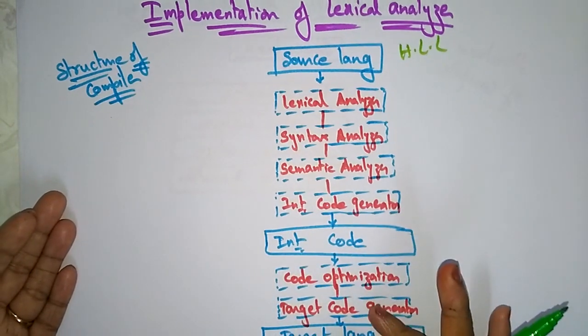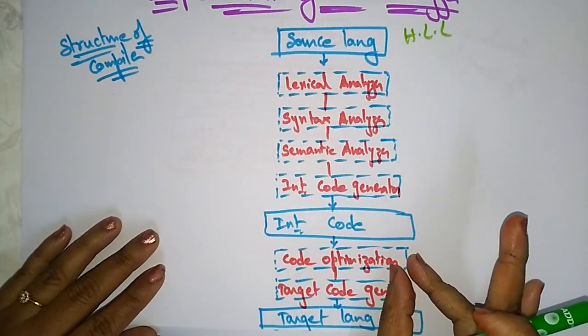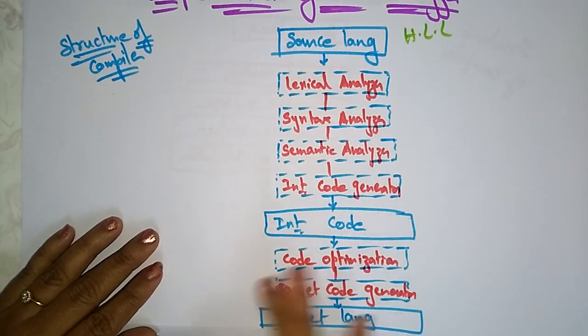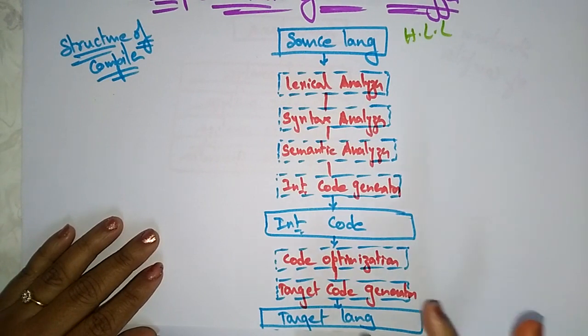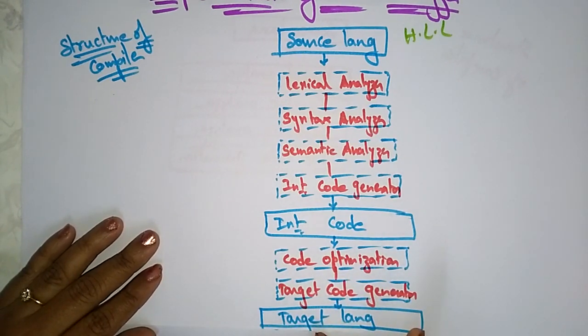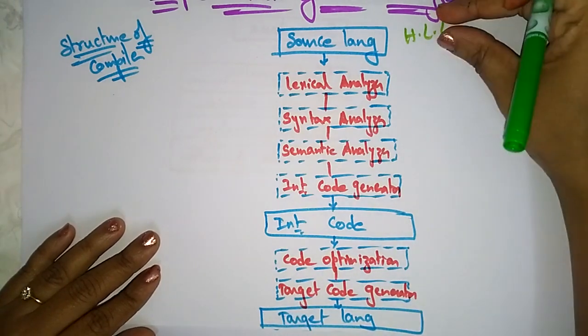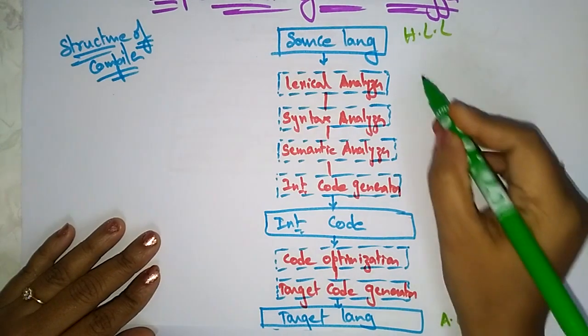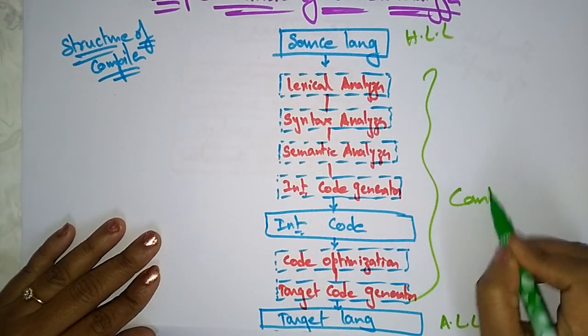That intermediate code goes through code optimization, and with the help of the target code generator, this gives the final target language, which is an assembly level language. So the high level language is converted into assembly level language with the help of this compiler.